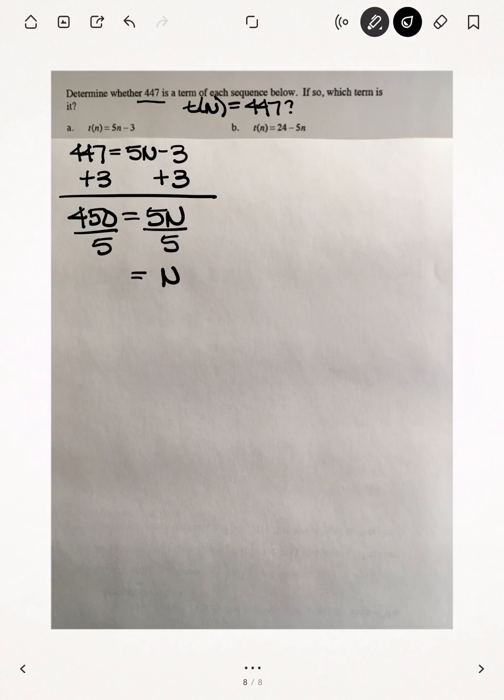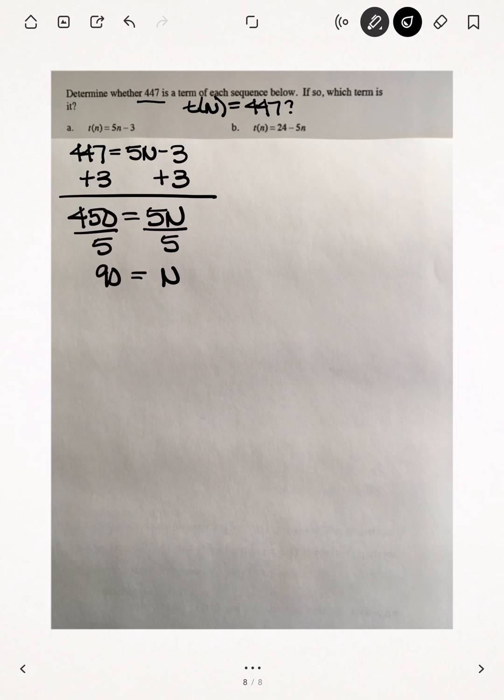Do you remember how we tell if it is actually going to work or not? Well, let's solve it and see if we can remember. We worked one of these earlier. If I add 3 to both sides, I'm going to get 450 is equal to 5n. And when I divide by 5, I get n equals 90.